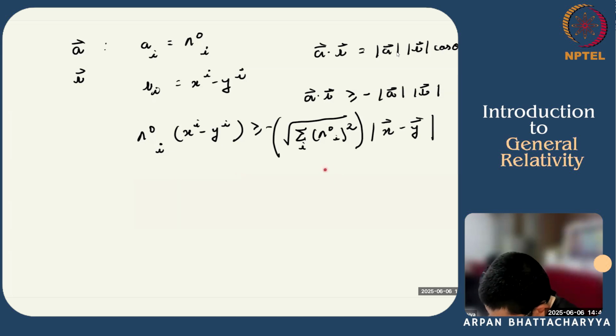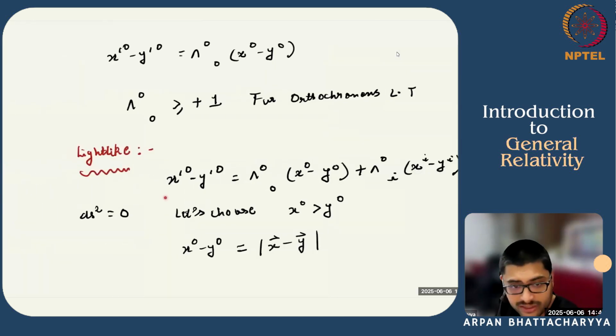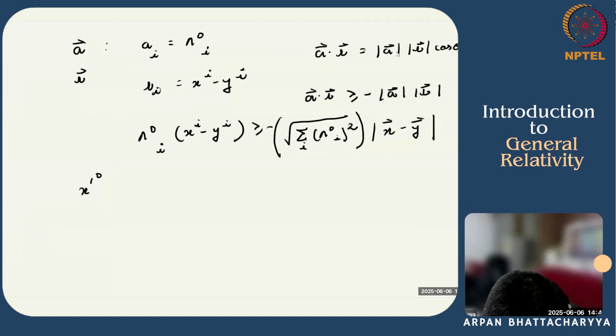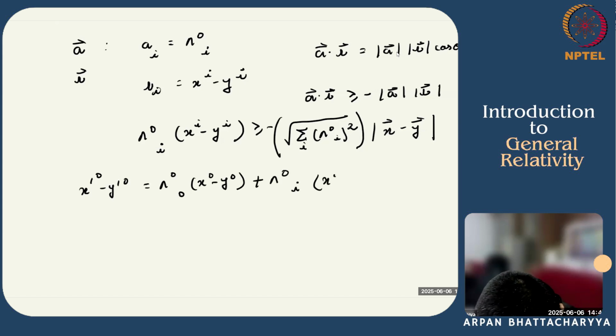Now we have this, and remember that we have this equation. We are going to replace this by this inequality, and also replace this by this equality. So let's write this down once more: x prime minus y prime, and this will be replaced by the mod of x minus y.